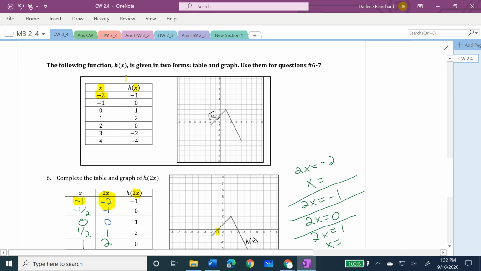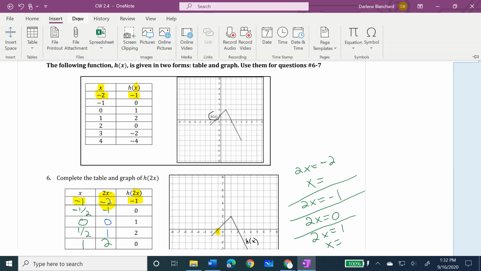When -2 is the input for h, I get -1 out. Actually, let me plot that point.